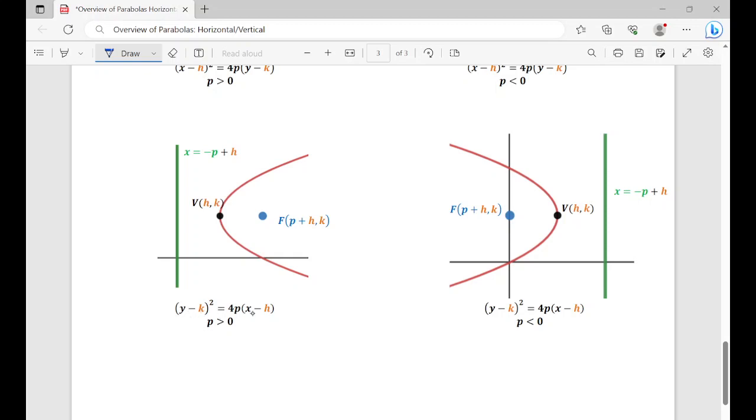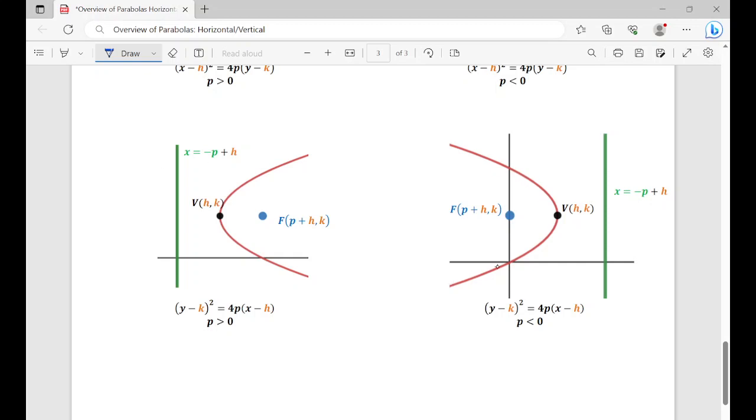Once you know your vertex, h and k, you can find your focus and your directrix by just shifting where it normally is at the origin. So again, the focus, p, 0, you're just going to add h to p and k to 0. And then for the directrix, you're just going to add h to negative p so you can see where it's been shifted left and right.